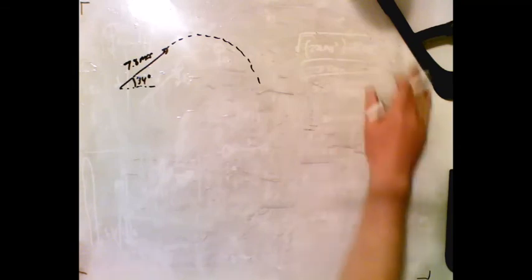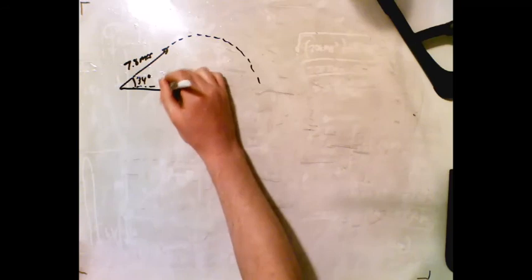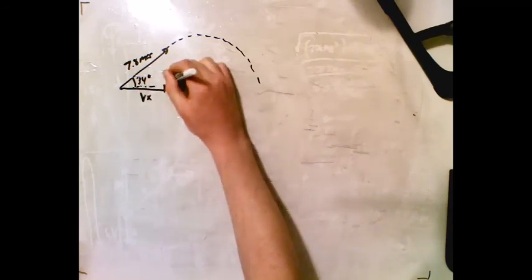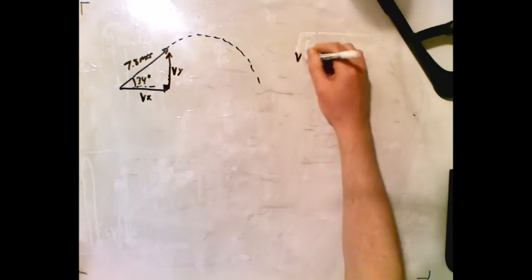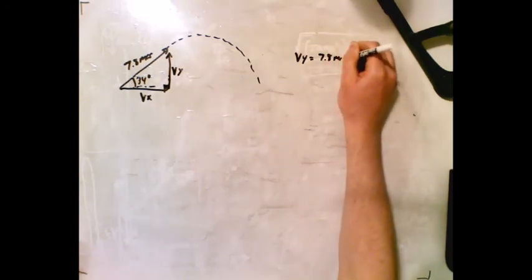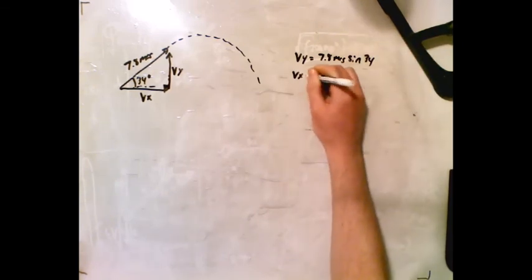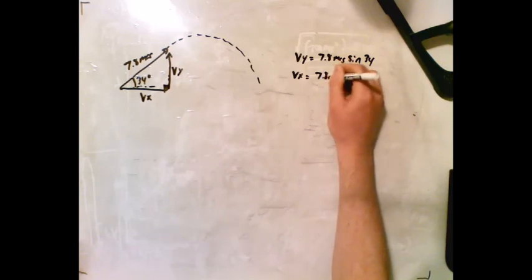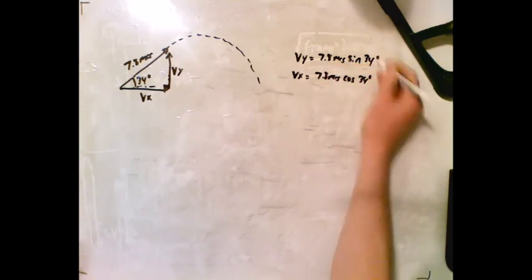So the very first thing that we have to do is break this speed into our x component and our y component. To find Vy, we just take our speed, 7.8 meters per second, and y is sine of 34. Vx is going to be our 7.8 meters per second, and we use cos of 34 degrees.